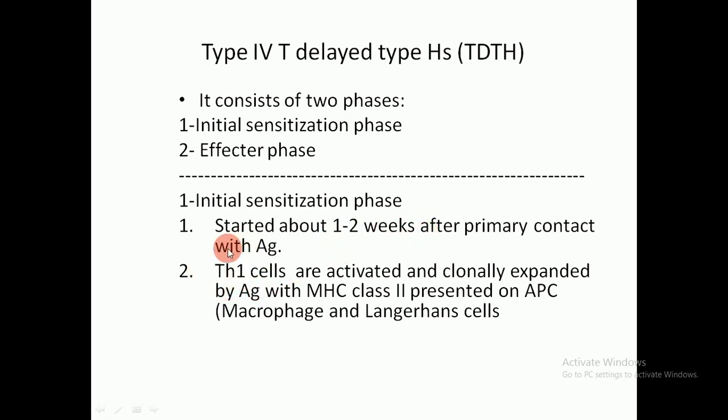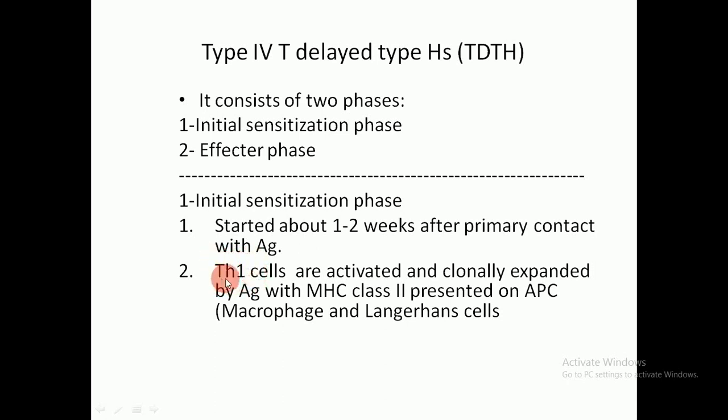And T helper 1 cells are activated, while in type 1 hypersensitivity, what type of cell did we say? We said T helper 2, while here in delayed type hypersensitivity type 4, it is T helper 1, which is important.